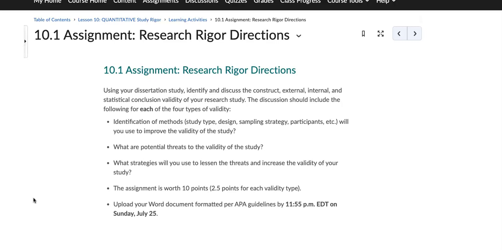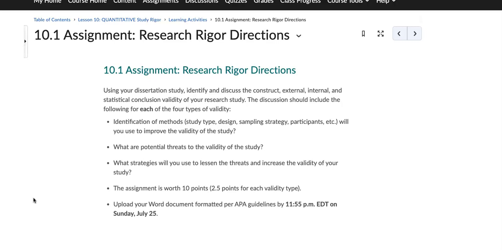And then in this assignment, you're really going to look to see what are ways that I can decrease the threats to my validity. What strategies am I going to use to help make your study more rigorous? Now realize there is no perfect study, and there's always going to be threats to what you're designing and what you're proposing. But there are things that we can think about on the front end to help us to get rid of some of those threats. So hopefully this won't be too terribly long.